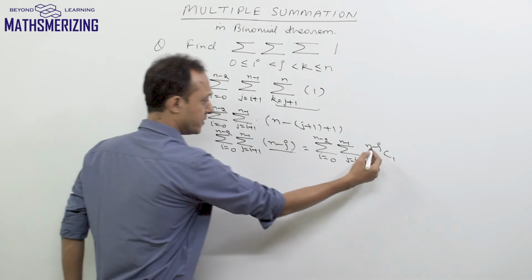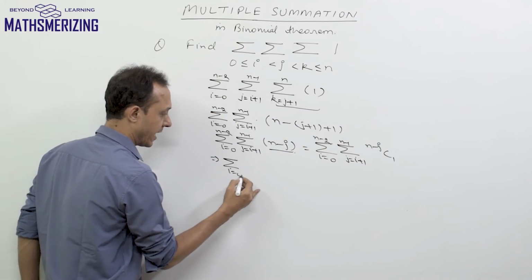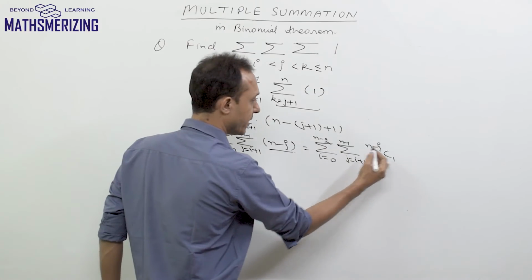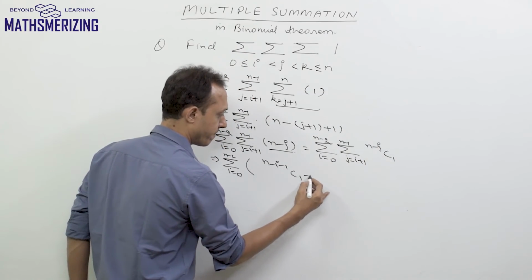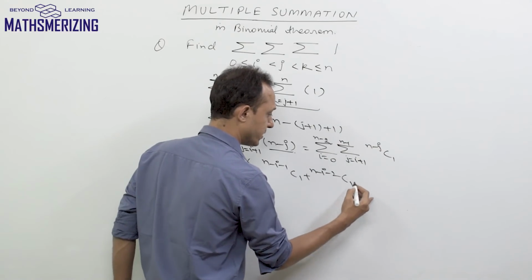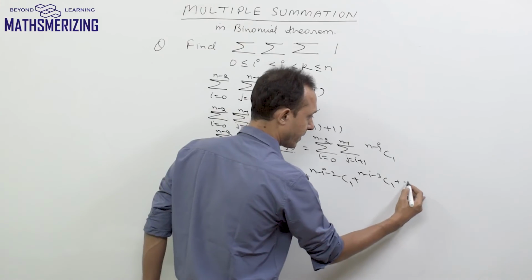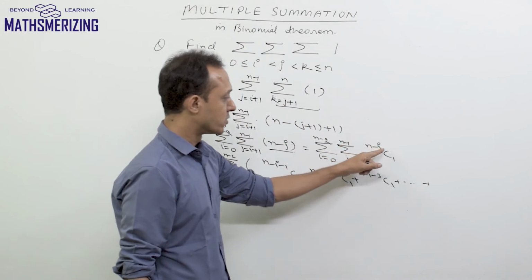So if I put the value of j, I can write the series as summation i varies from 0 to n minus 2, and then if I put j as i plus 1, I'll get n minus i minus 1 c1, n minus i minus 2 c1, n minus i minus 3 c1, and we'll continue. The last value of j will be n minus 1, so there will be 1 c1.